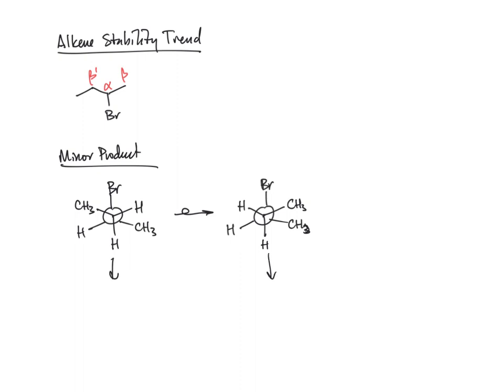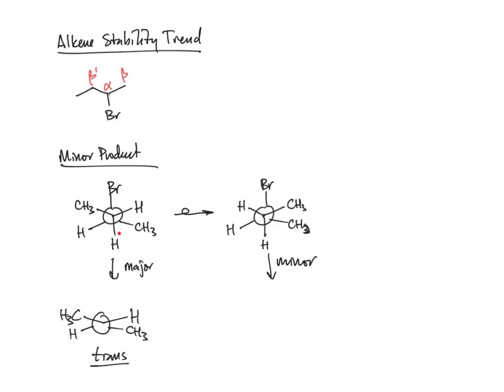So now what is the issue that you see in this Newman projection that you would say this is a minor conformer compared to this?